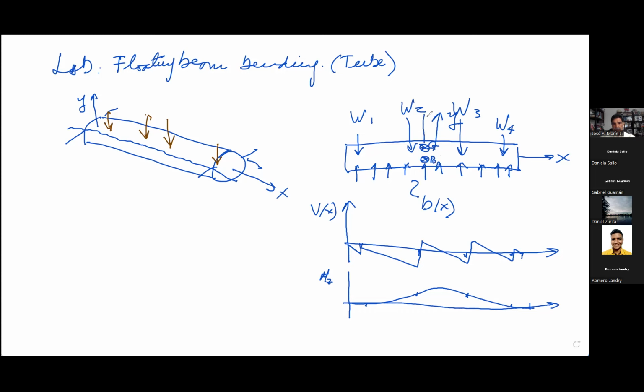This is the total force. The total force is going to be the summation of Wi, and this is going to be the integral of V of X dx, from minus L over 2 to L over 2.